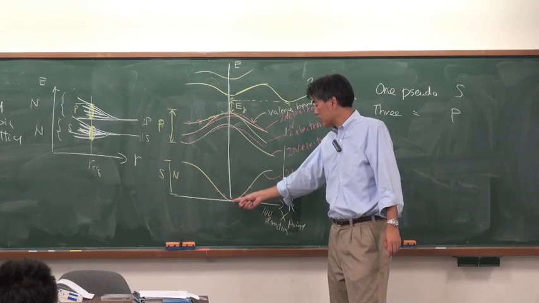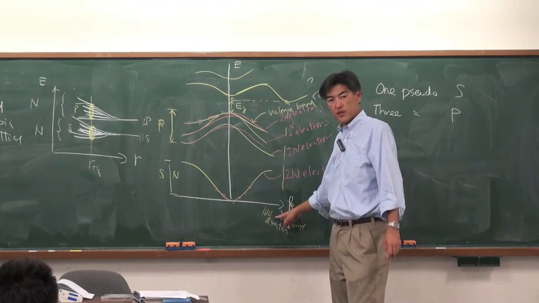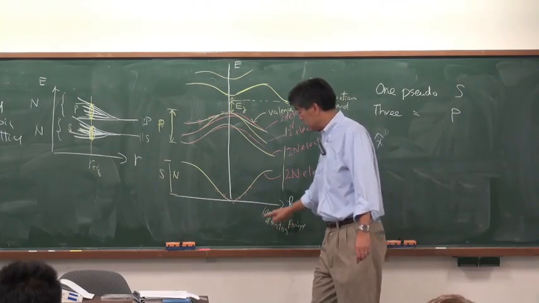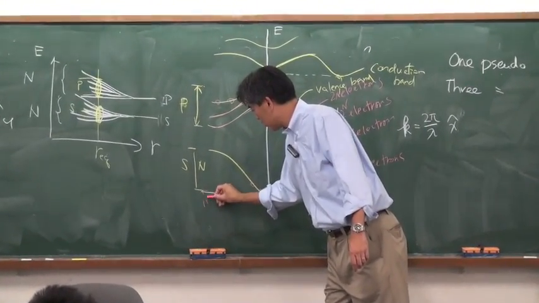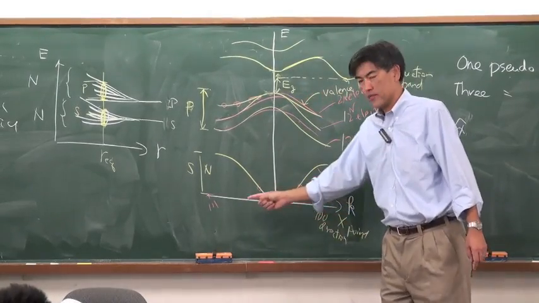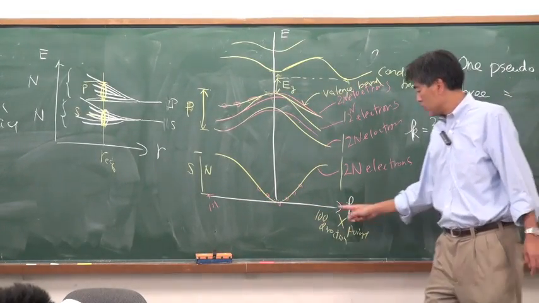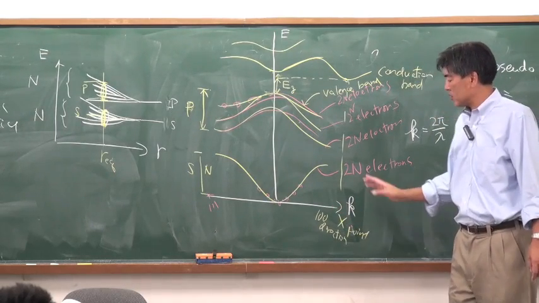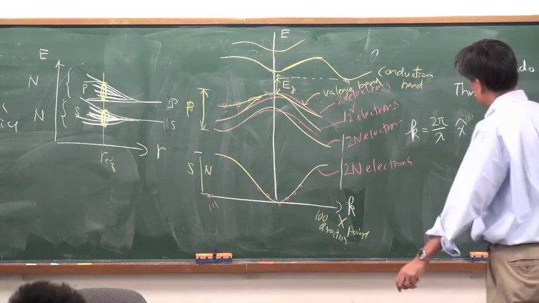So very often we draw this way as towards the 100 direction, and this way towards the 111 direction. And we can also connect this part to 100, 111, 110 and so on. But details will be written in a textbook, so please refer to the textbook.